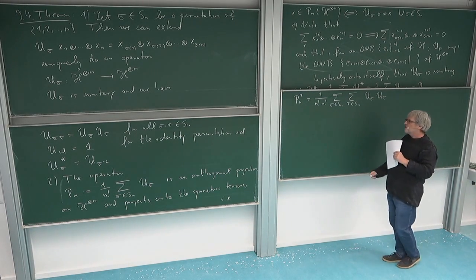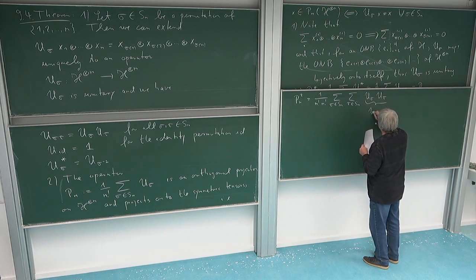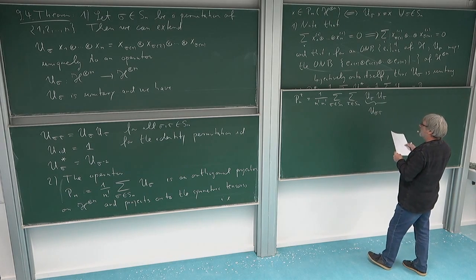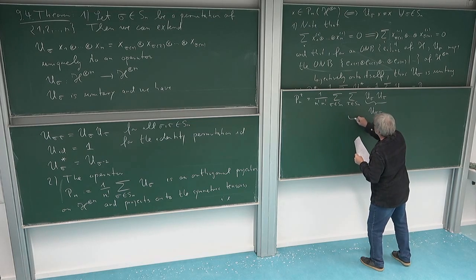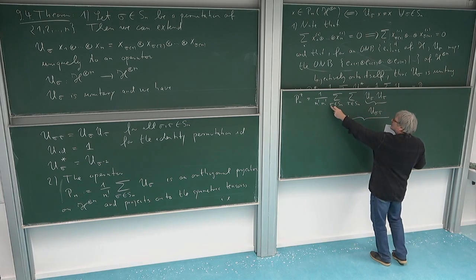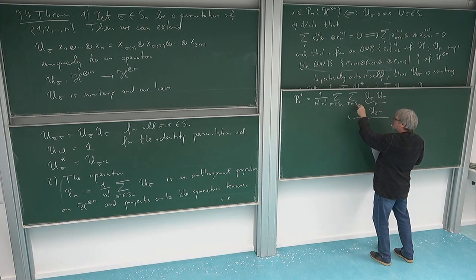But now we know that u is a representation of the permutation group, so this is the same as u sigma tau. Now, if I only look here, I'm fixing sigma, and then I'm running with tau through the permutation group.